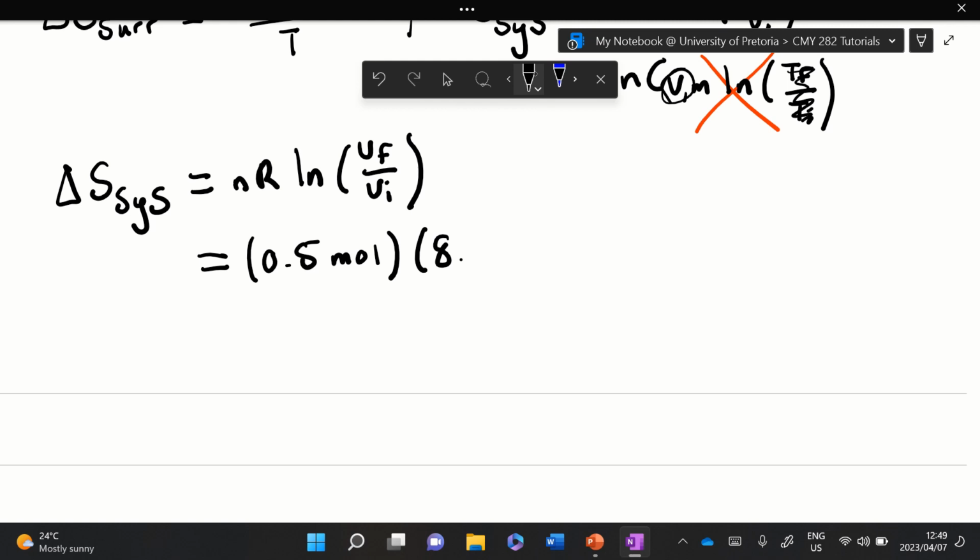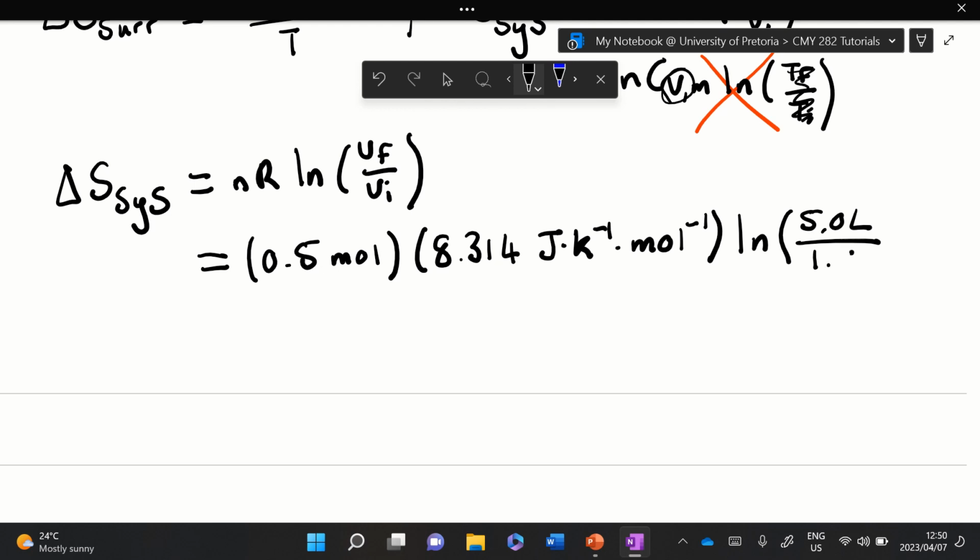R is 8.314 joule per Kelvin per mole. You can use whatever value you want, that last digit doesn't make too much of a difference. Then 5 liters, the final value, and the initial value is 1 liter.